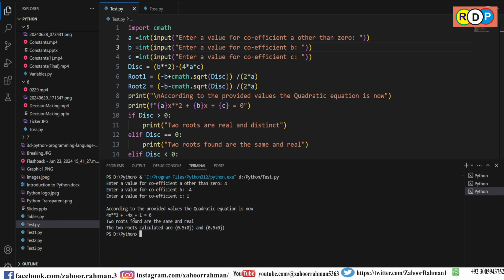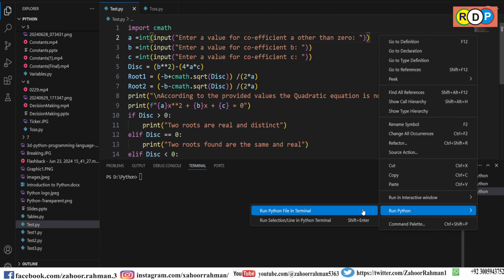They will be the same. The two roots calculated are 0.5 and the imaginary part is 0. So no imaginary. 0.5, again it is repeated. The first root is also 0.5 and the second root is also 0.5, and that is what I told you, that if discriminant is equal to 0, the two roots calculated will be repeated or the same. You can see that.